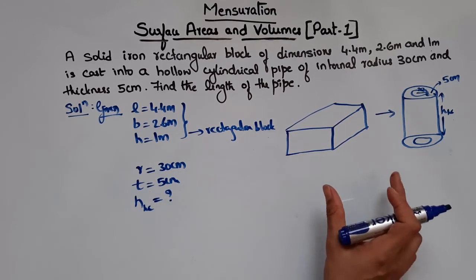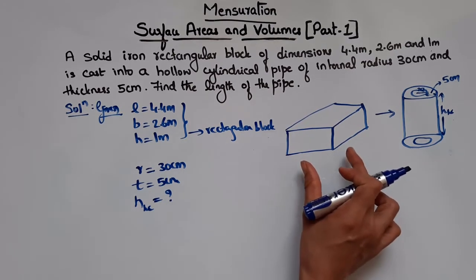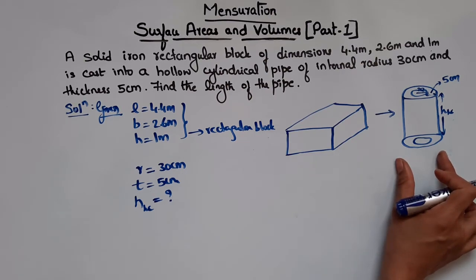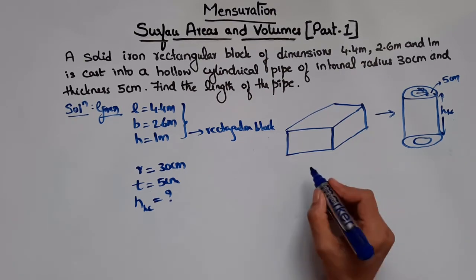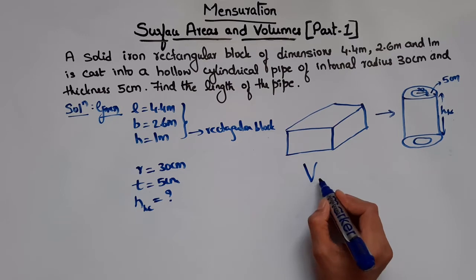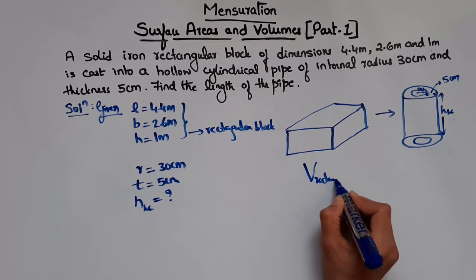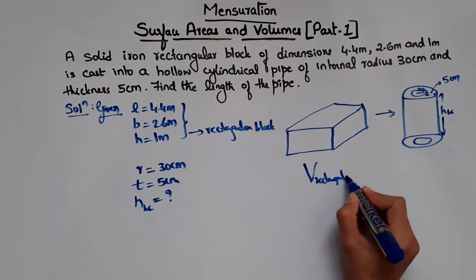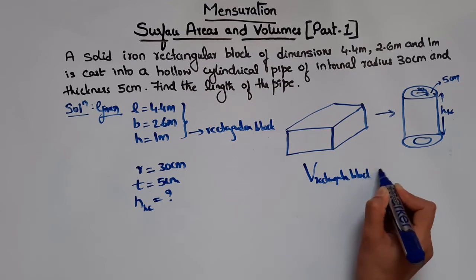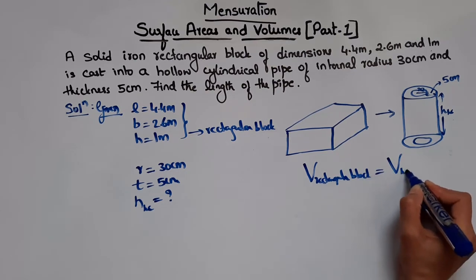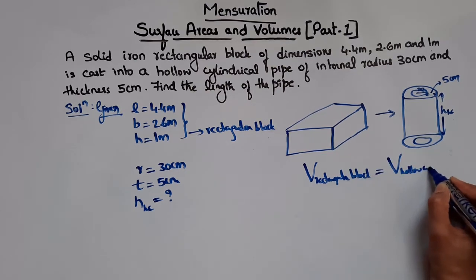As I said, the volume of this rectangular block and this hollow cylinder are equal. So we know the volume of this rectangular block is equal to the volume of this hollow cylindrical pipe.